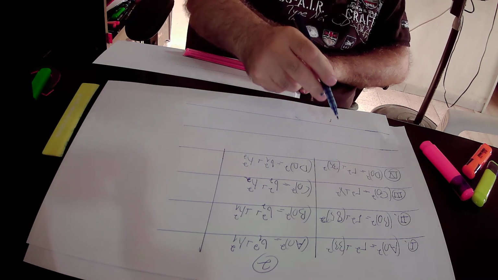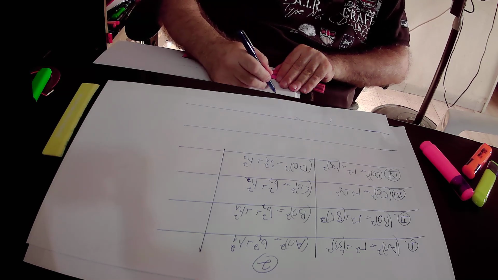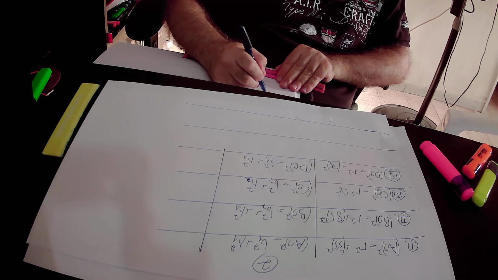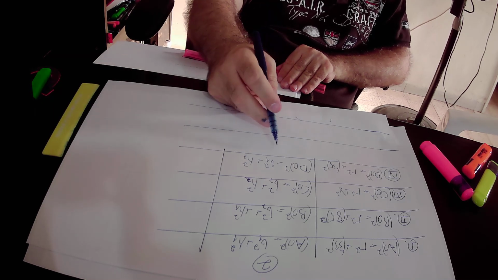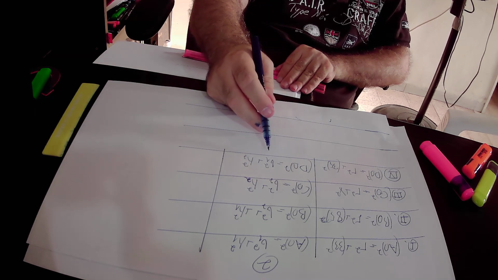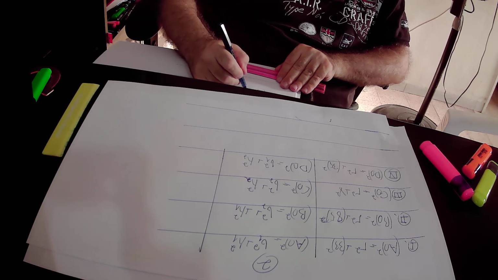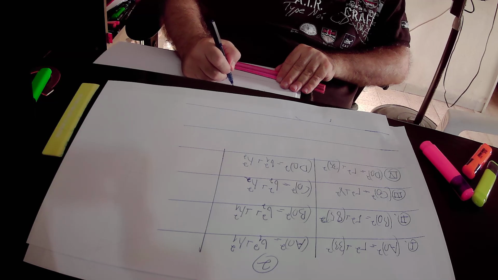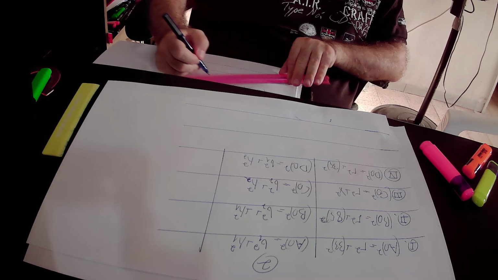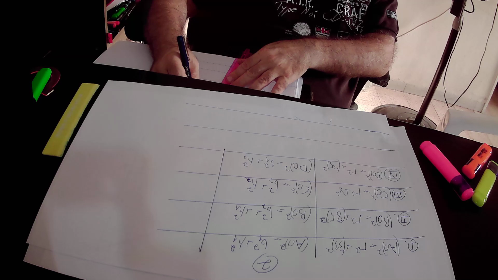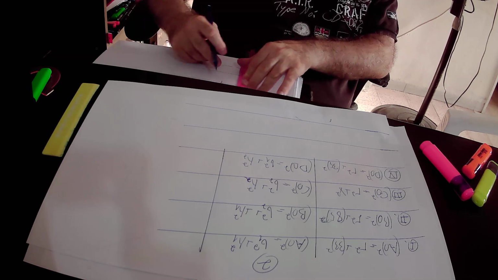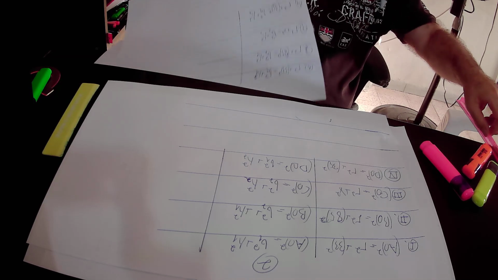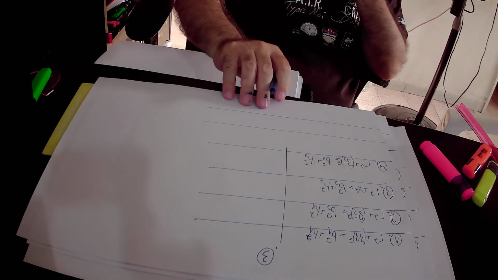D whole square according to equation number 1 is r square plus 35 square, and it must be equal to b1 square plus h2 square. So we created here 4 equations.